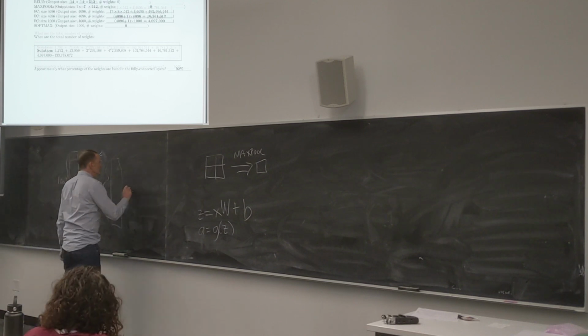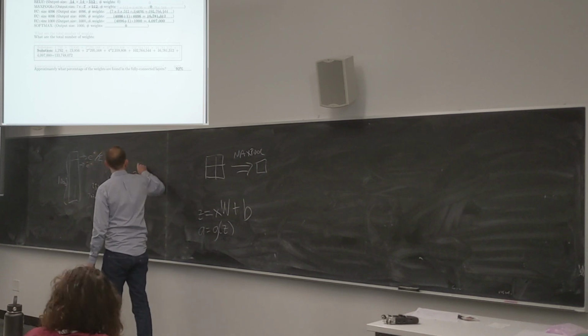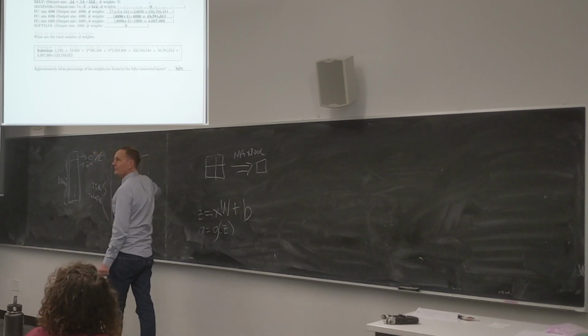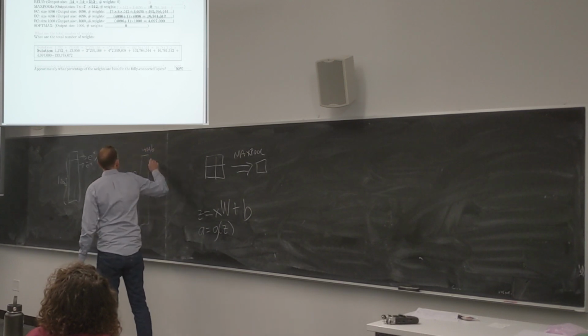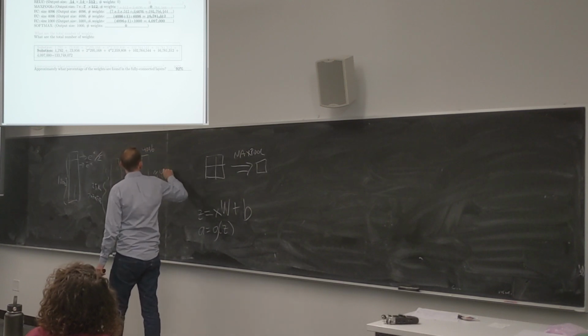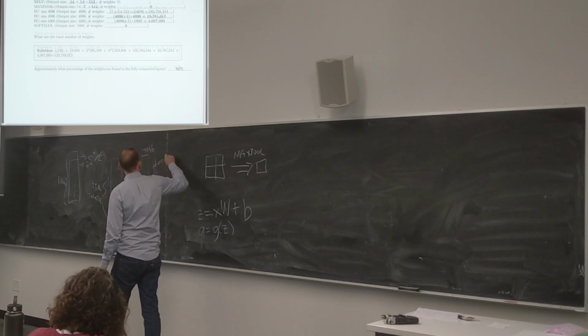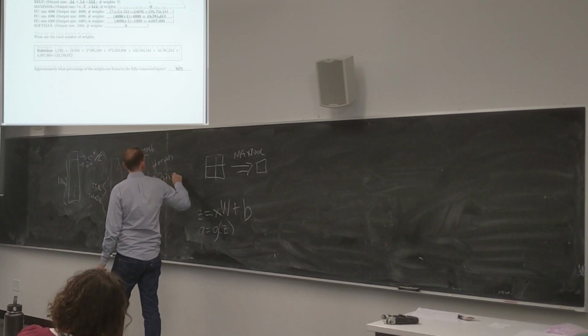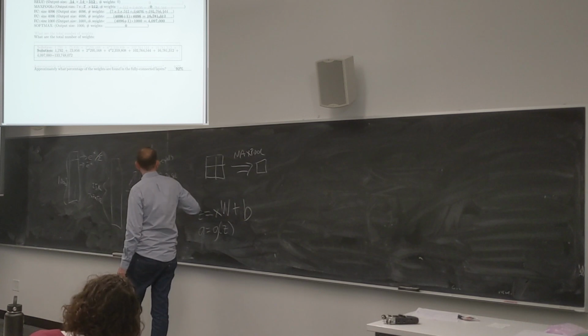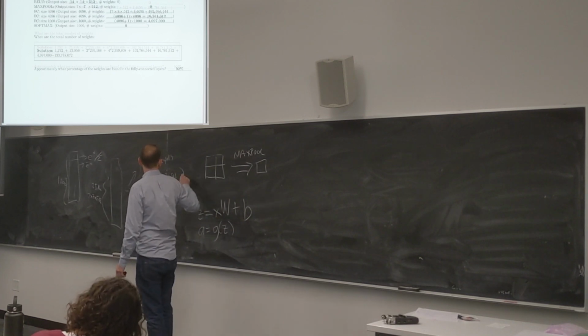And this is going to be fully connected, the size of this layer is 4096. So let's not say approximately. Let's say it's equal. Total number of weights is 7 by 7 by 512 times 4096.